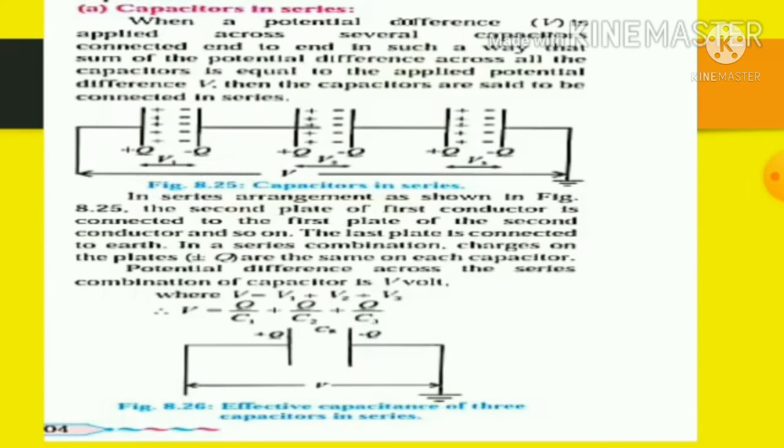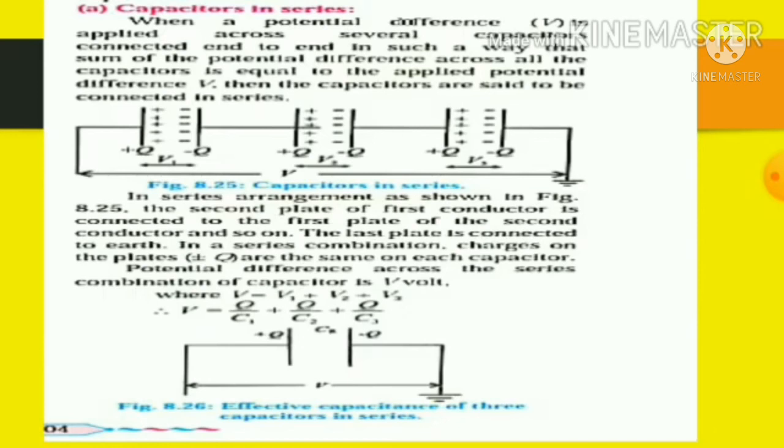CS is the effective capacitance for the series combination. Three capacitors are arranged in series combination, and their effective capacitance is shown in figure 8.26. There is a CS, the effective capacitance of the three series capacitors.